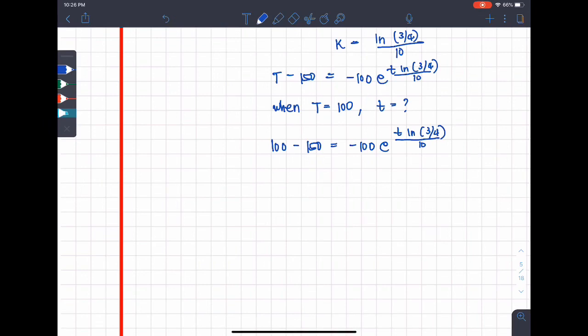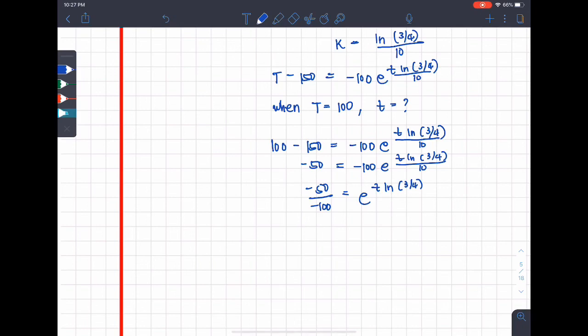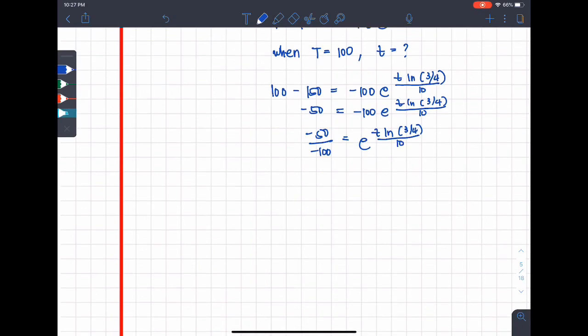And 100 minus 150 would be negative 50. So negative 50 all over negative 100 would be equal to e raised to T ln of 3/4 over 10. So this is 1/2.